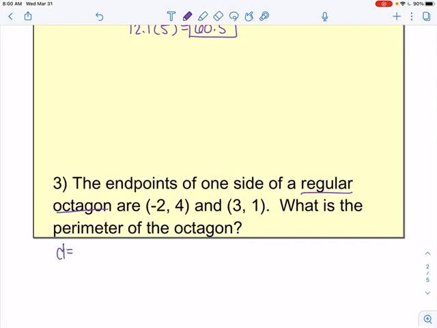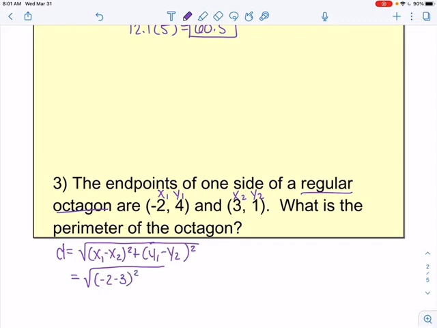And again, just because it's been a while since we've used it, distance is going to be the square root of (x1 minus x2) squared plus (y1 minus y2) squared. Okay, so I'll call my first ordered pair x1, y1, and my second one x2, y2. So we'll plug in here. X1 minus x2 is going to be -2 minus 3, and we'll square that.